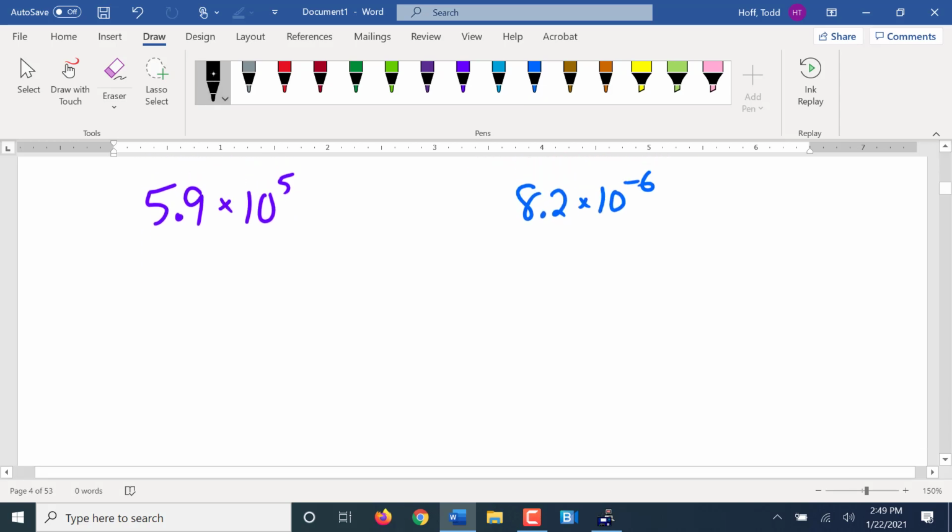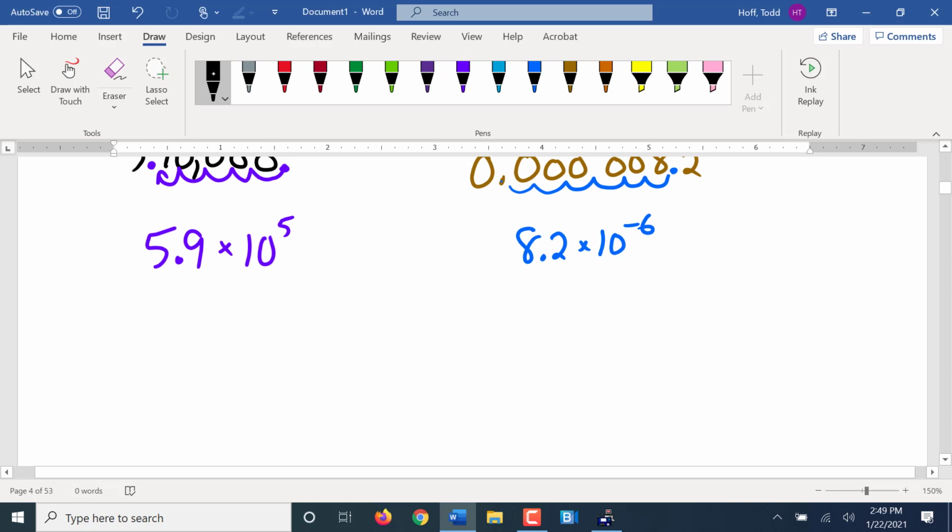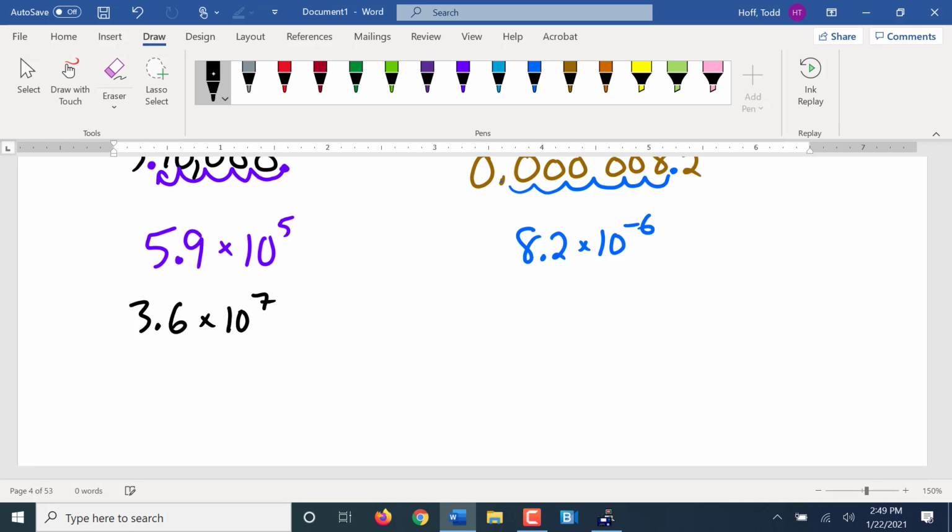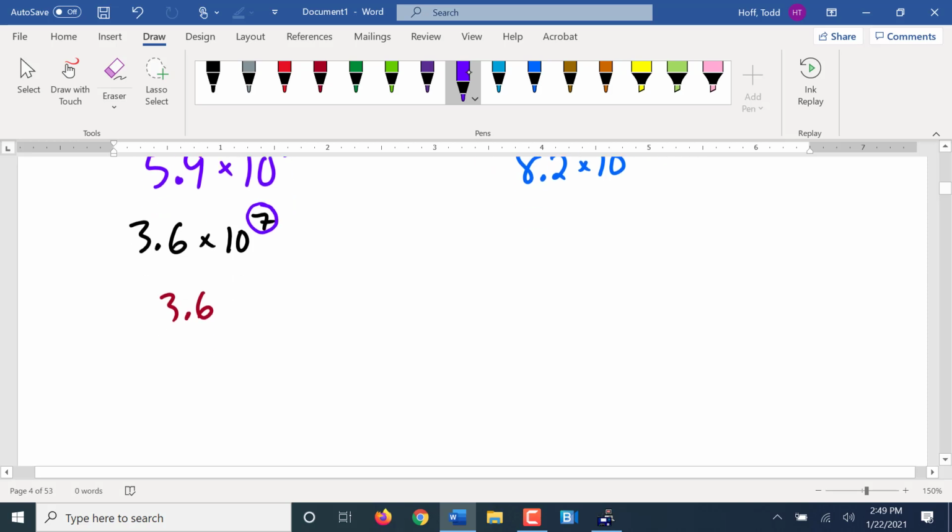And of course, going the other direction, we might have 3.6 times 10 to the 7th. We write down our 3.6. Our decimal has to move how many spots? 7, whatever our power of 10 is. Now that's a positive power of 10, so this is a big number.